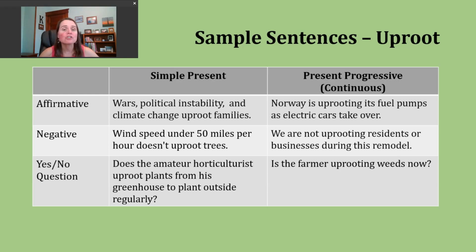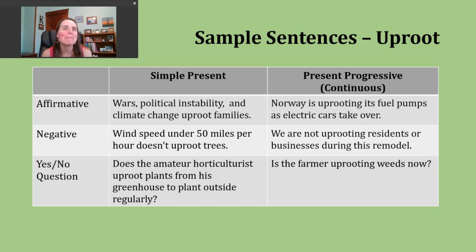Wind speed under 50 miles per hour doesn't uproot trees. So maybe here someone is trying to be kind of reassuring about this sort of factual statement. Things could still break, or maybe something that's unhealthy, it could fall, but the strength of the wind is not going to pull the roots out, is what that sentence is suggesting.